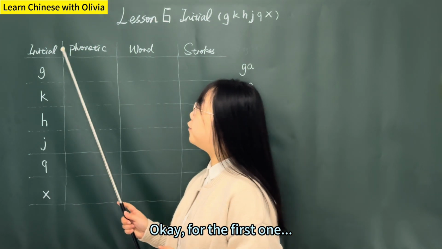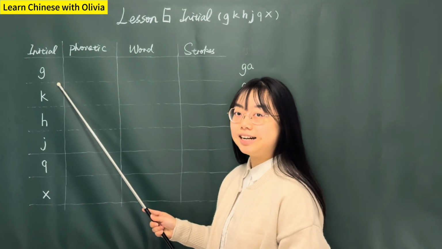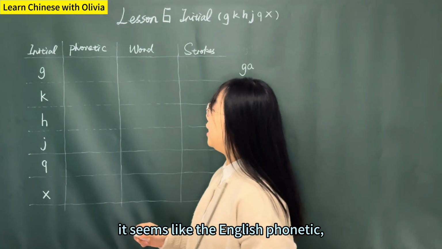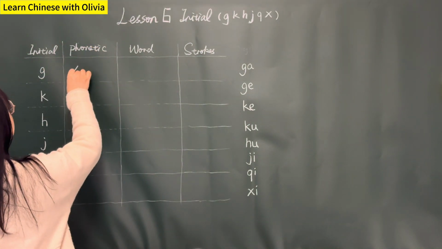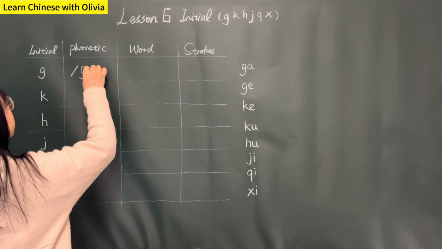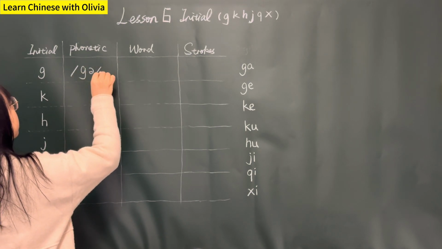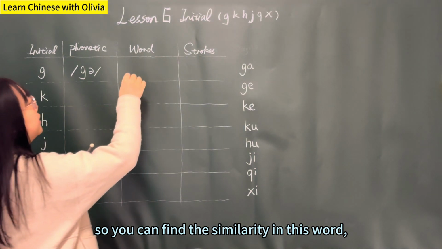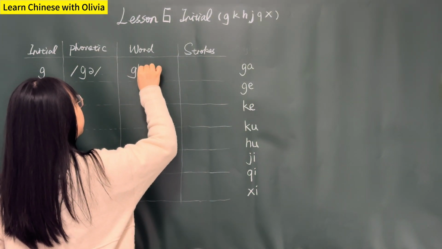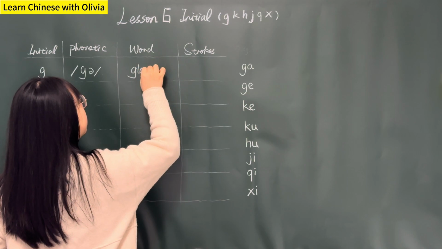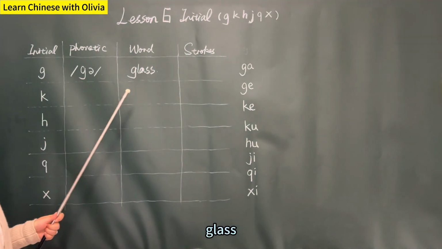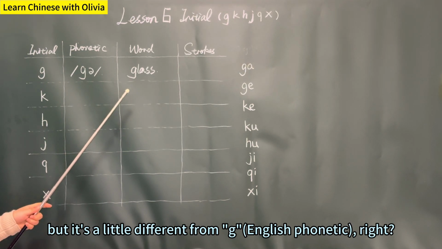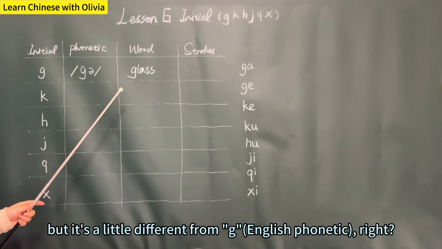Okay, for the first one, G, G. It seems like the English phonetic, so you can find the similarity in this word: glass, G, G, but it's a little different from G, right?